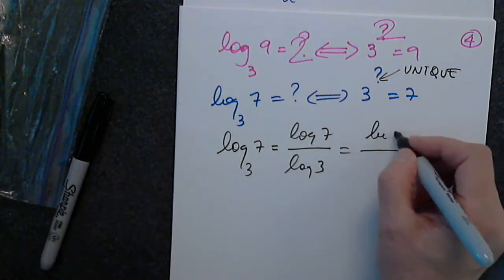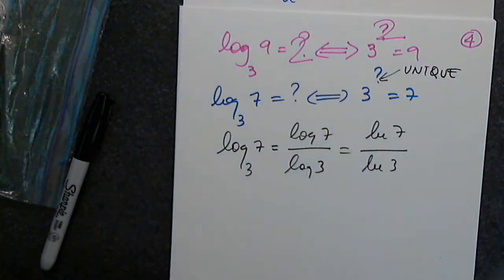Or if you want to use natural log, natural log 7 over natural log 3. Do not confuse this with log of 7 over 3. This is log of 7 divided by log applied to 3, or natural log 7, and this is the change of base formula.